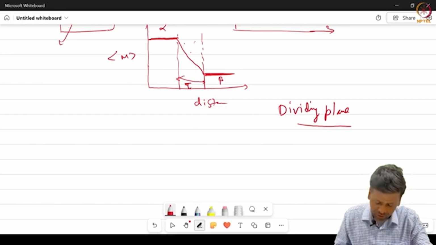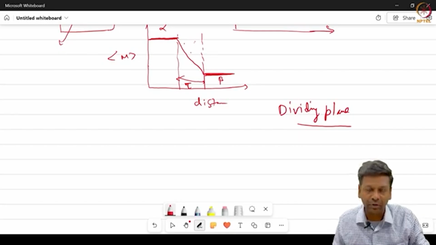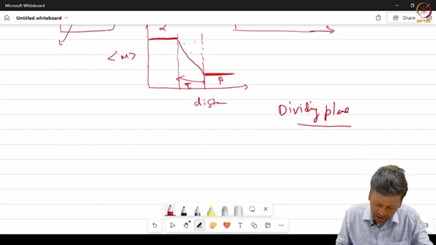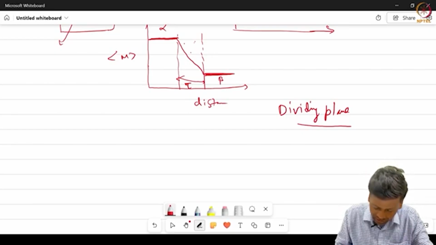If you choose a plane, this is nothing but a reference plane. In this reference plane, my surface excess is 0. So if you choose a reference plane such that your surface excess is 0, then you can relate this reference plane to the interface, right.